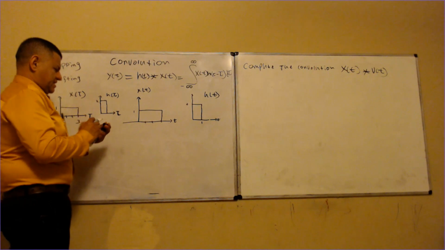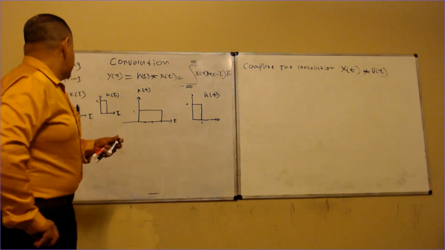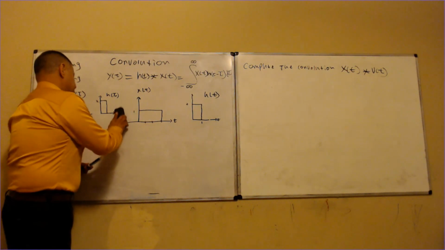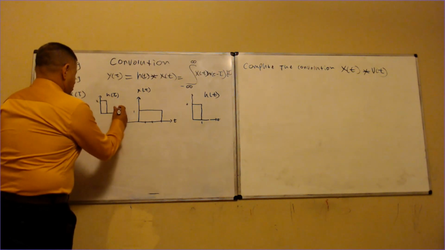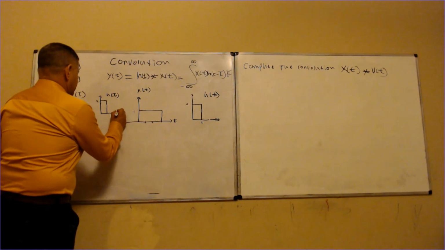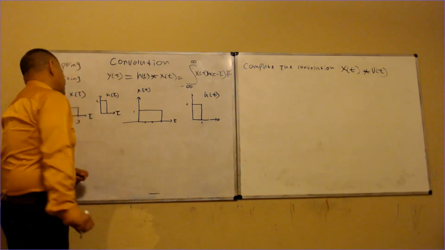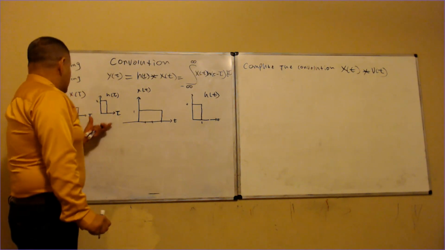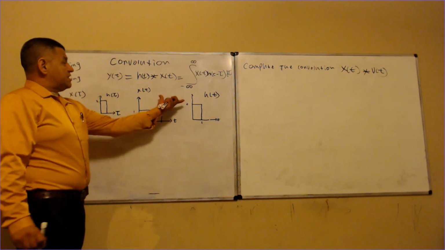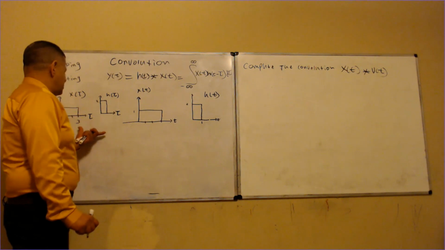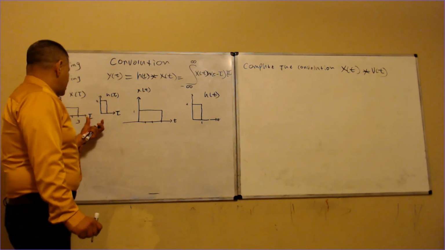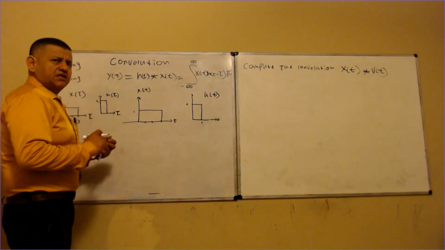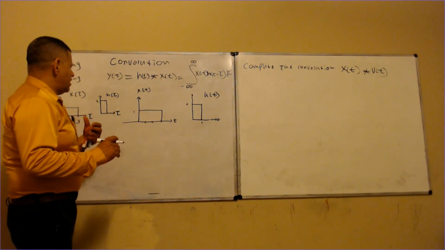Now that we have this, and we changed the t's to tau, we will have to do the shifting and the flipping.